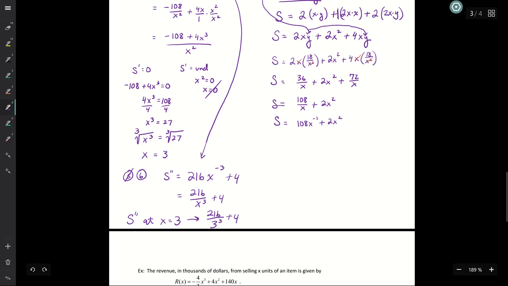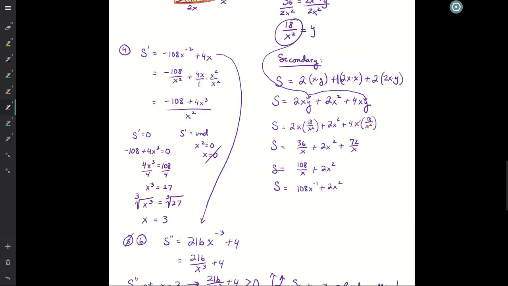We notice everything's positive, so that's greater than 0. That would tell me that we have concave up, which would indicate to me that we have a minimum. All right, so x equals 3 is going to produce a minimum, which is good.